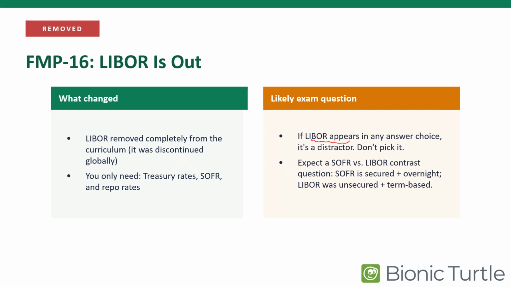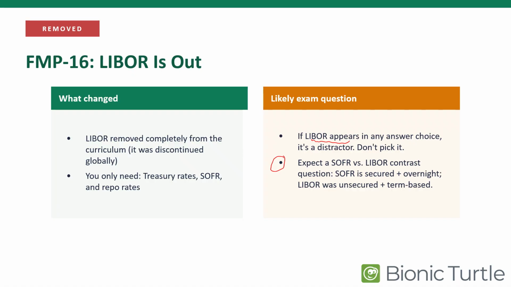And GARP loves writing distractors right out of recently removed material. The second point I want to bring out here is to expect a conceptual question that contrasts the new SOFR rate, which remember is US based, against LIBOR.